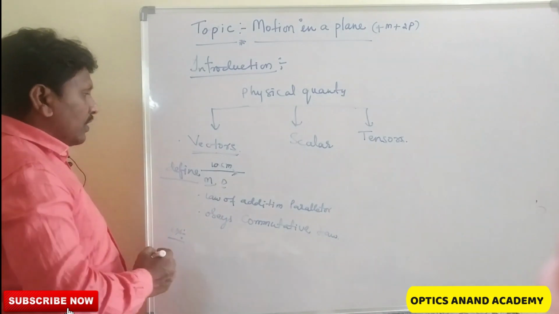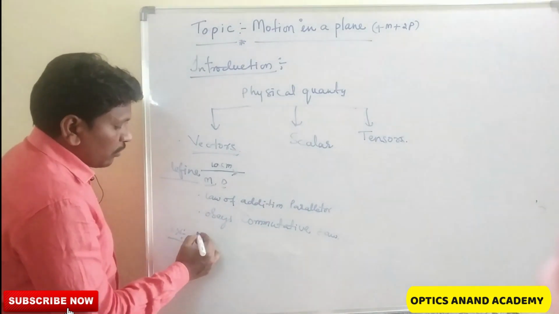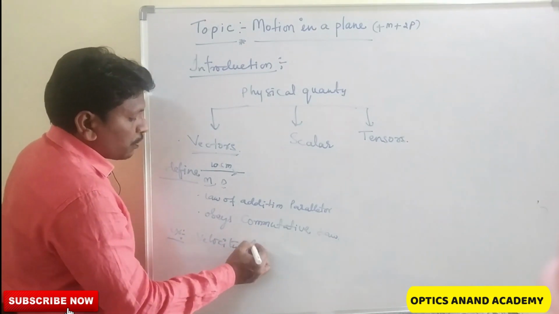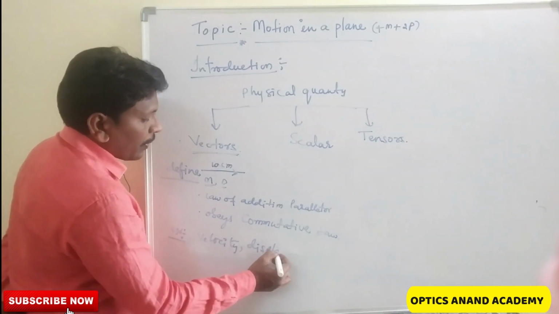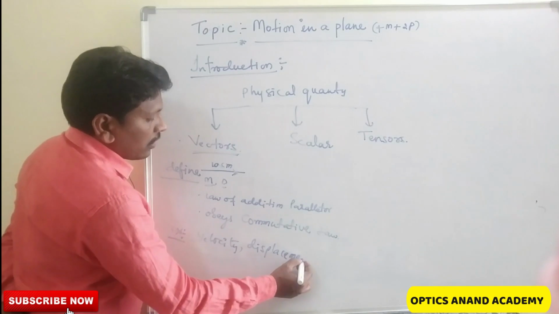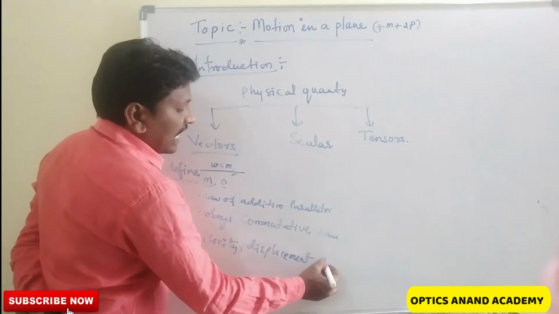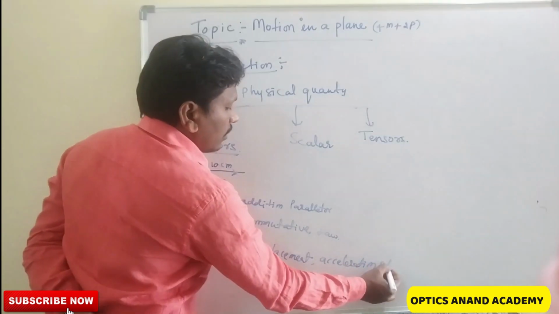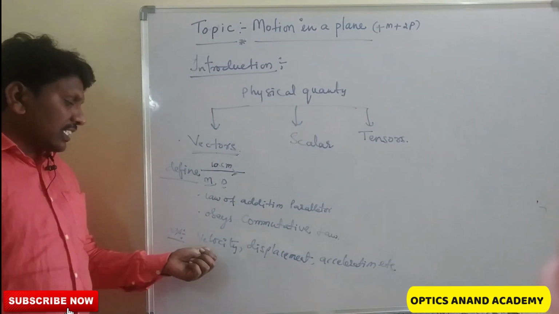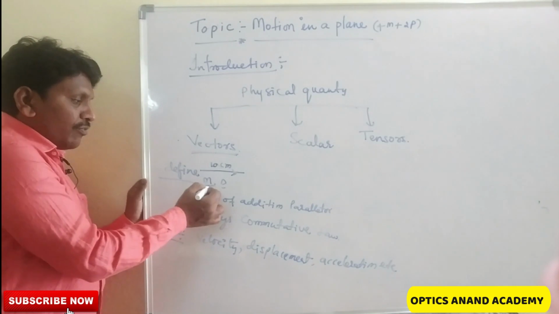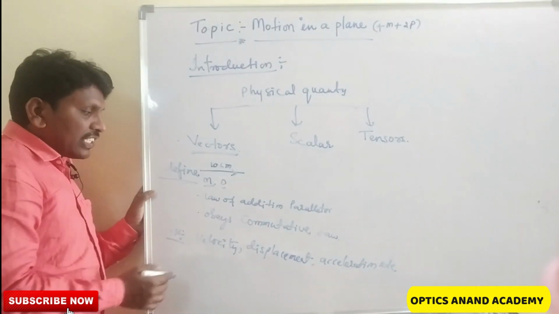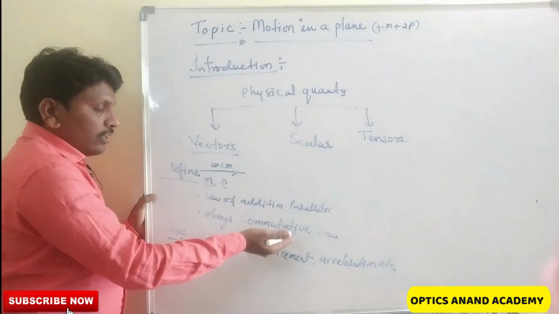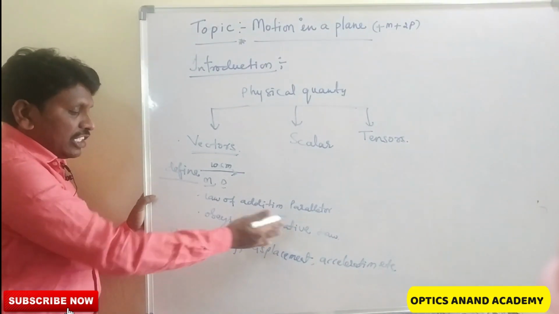Now let's see the examples for vectors. For example, velocity, displacement, acceleration, etc. Velocity has magnitude and direction, obeys the parallelogram law of addition and the commutative law.